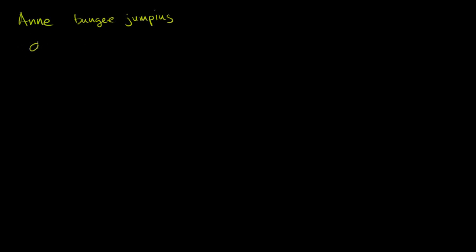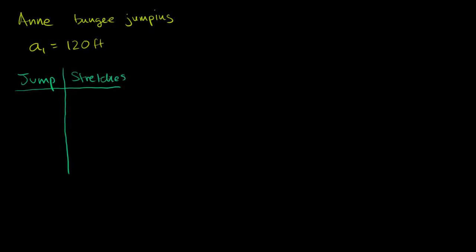So on A1, our initial jump, the cord stretches by 120 feet. We could write it this way: jump, and then how much the cord stretches. So on the initial jump, on jump 1, the cord stretches 120 feet.